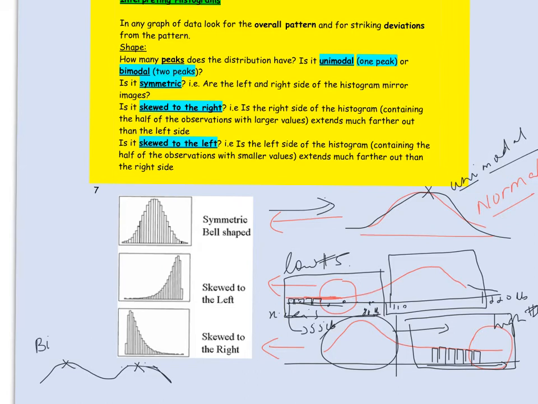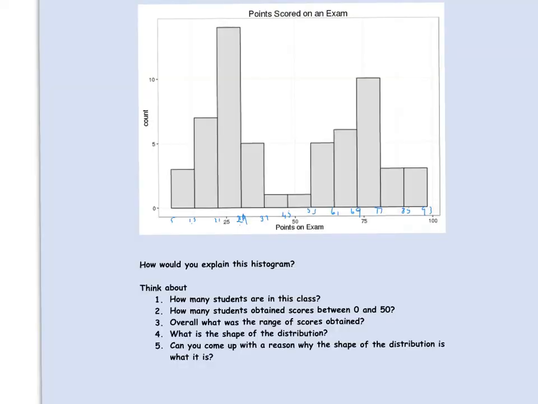Bi for two, modal distribution. Now this histogram represents the variable which is points scored on an exam.